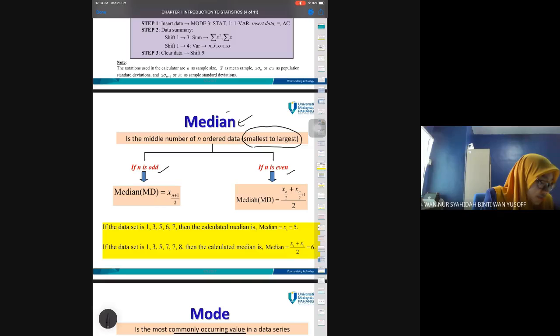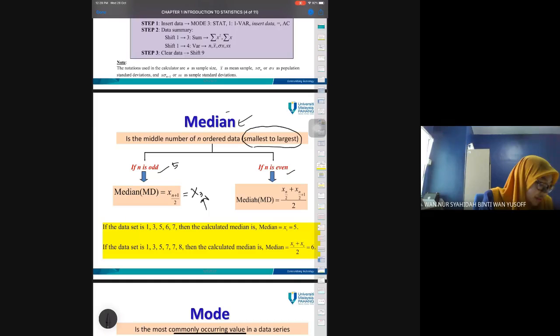So n plus 1 divided by 2. For example, we have 5, so 5 plus 1 is 6, divided by 2 is 3. So x 3 here is not yet the answer. x 3 is data number 3 in order, that's why we have to order the data.